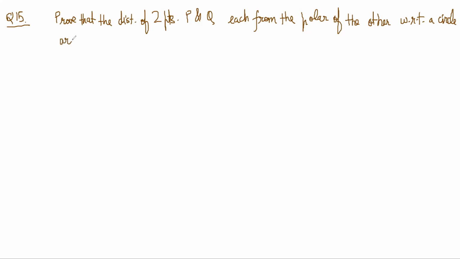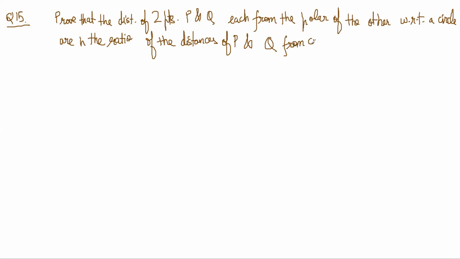Basically, are in the ratio of the distances of P and Q from the center of the circle.